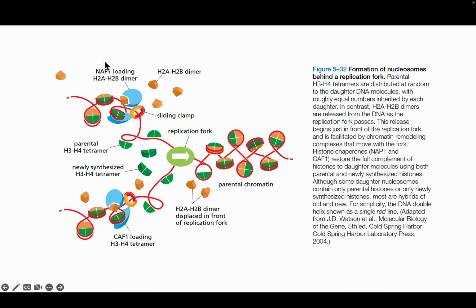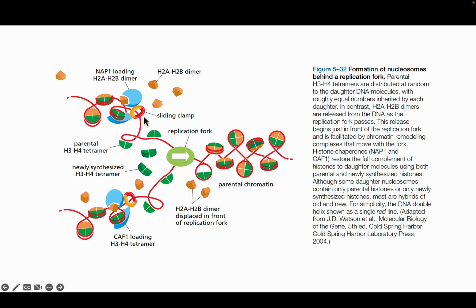Some histone chaperones, that are NAP1 and CAF1, restore the full complement of histones to daughter molecules using both parental and newly synthesized histones. Although some daughter nucleosomes contain only parental histones or only newly synthesized histones, most are hybrids of old and new.